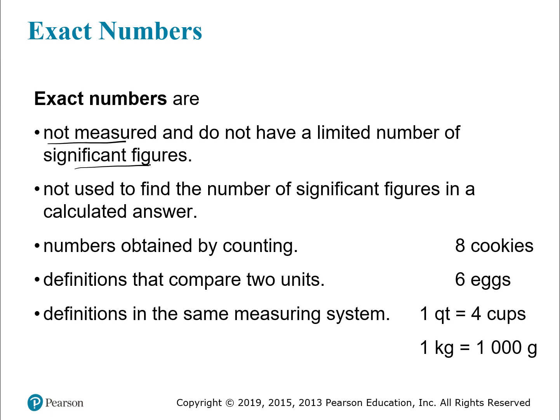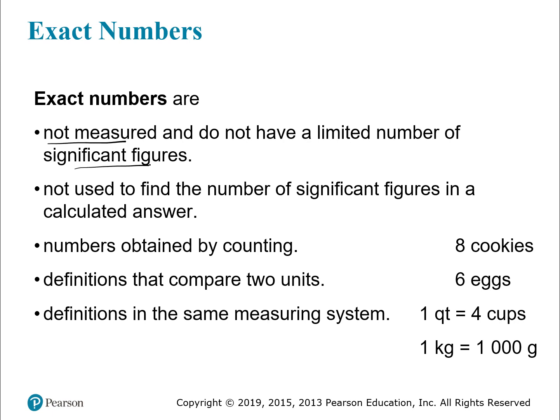When we're using measurements to do calculations, we don't use the exact numbers to determine the number of significant figures to report in an answer. That'll become a little more clear in the second part of the Chapter 2 lecture when we're doing problems.